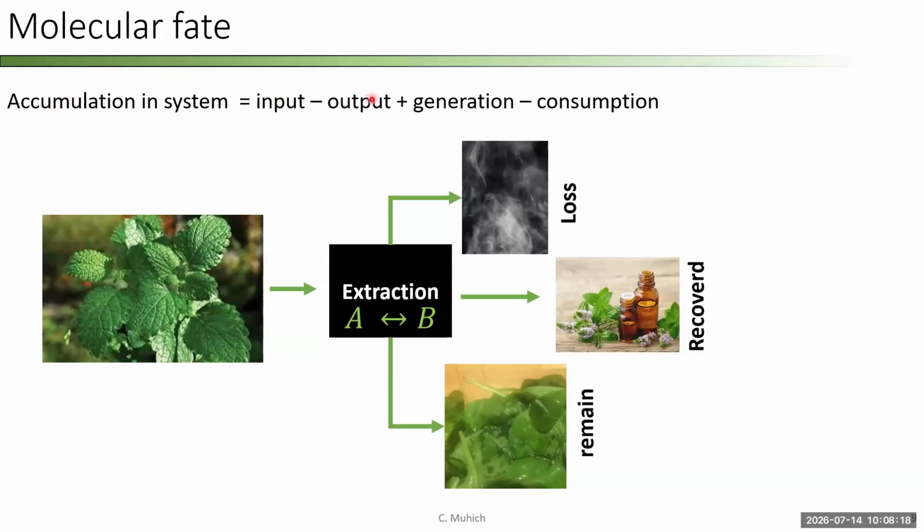Accumulation is input minus output plus generation minus consumption. Here, any arrow that's pointing into our black box is going to be our input. Any arrow that's coming out of the black box is going to be some sort of output. And then if we have a reaction inside that black box, that's going to be either the generation, if it's turning into it, or the consumption if it's being transformed.